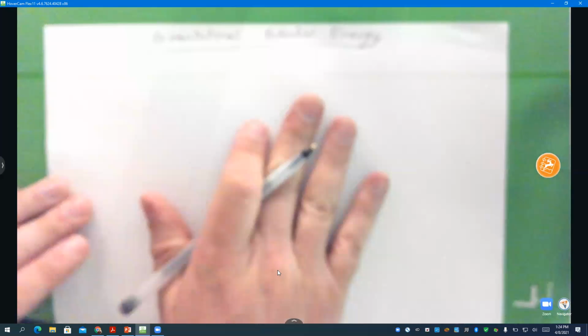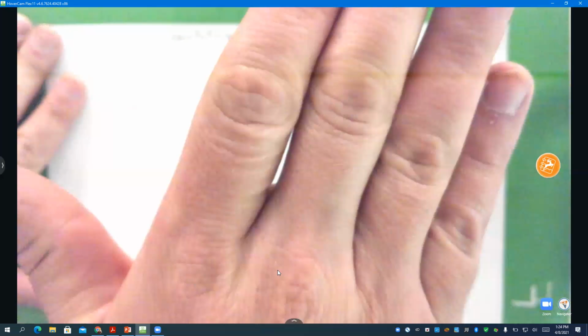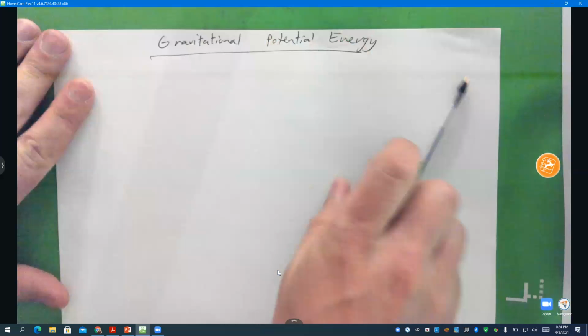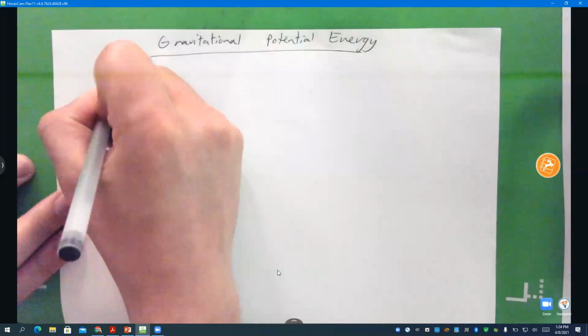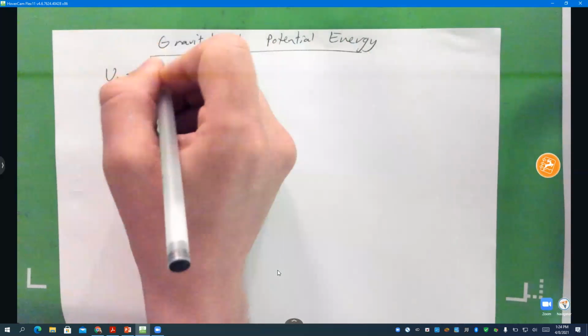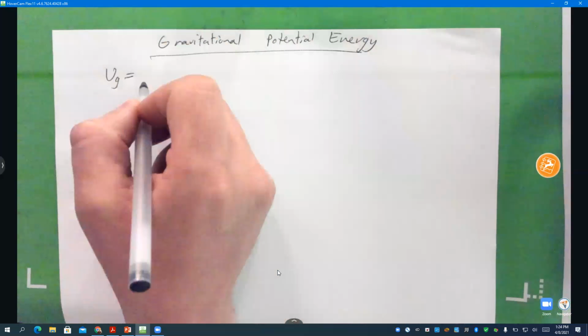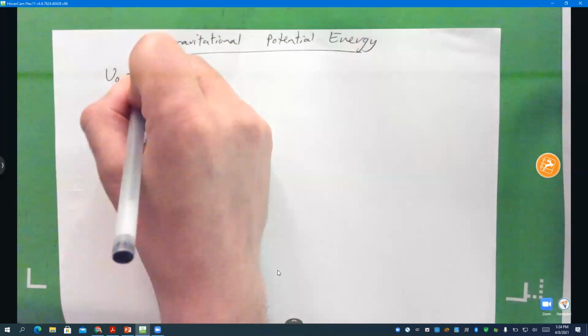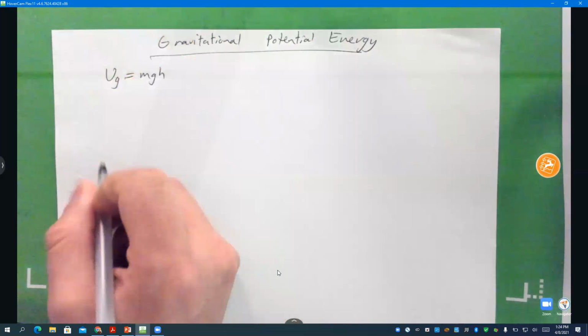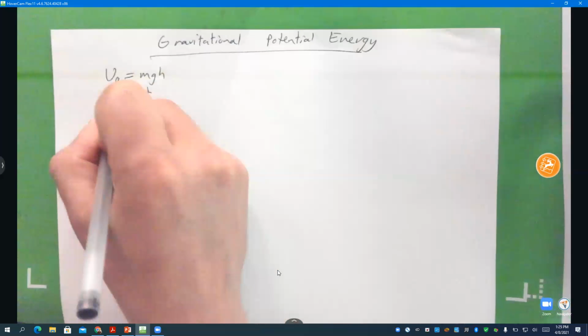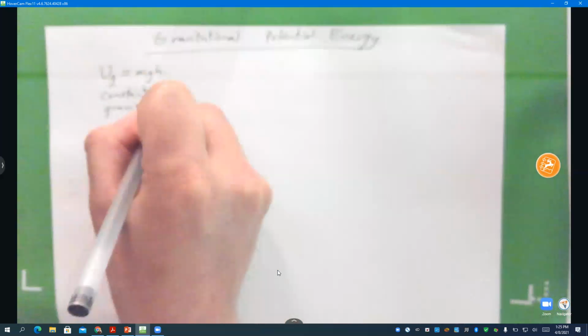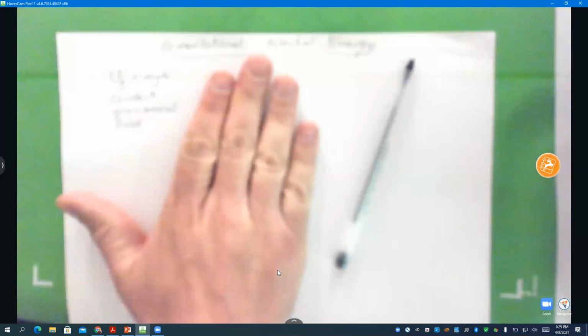If we are in a constant gravitational field, like on Earth, then we use mgh. And we can use that.